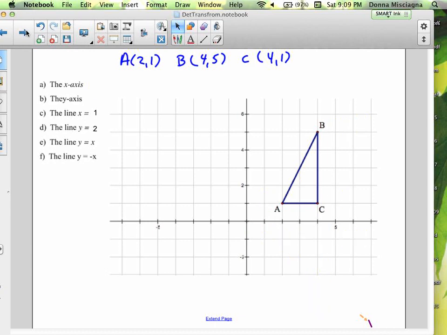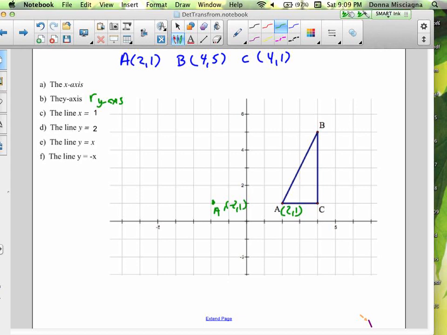The y-axis. So this would be R and then little y-axis. All right, so this time we're going to keep the y's, make the x's the opposite. All right, so 2, 1 becomes -2, 1. And C was at 4, 1.